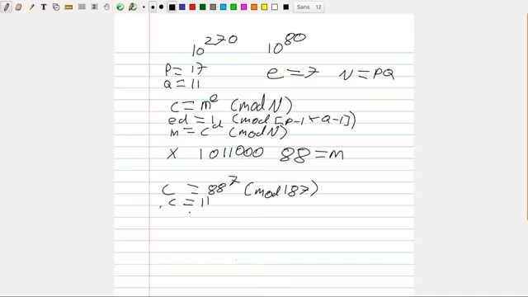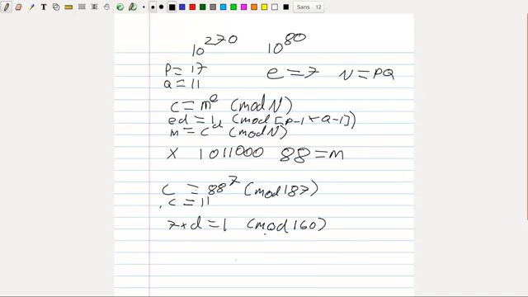And now what we need to do is find the decryption key so that we can use it in the final equation to get M back again. So if we do that, what we find is 7 times D is equal to 1 mod P minus 1, so 17 minus 1, 16, times Q minus 1, 11 minus 1 is 10, so 16 times 10 is 160.